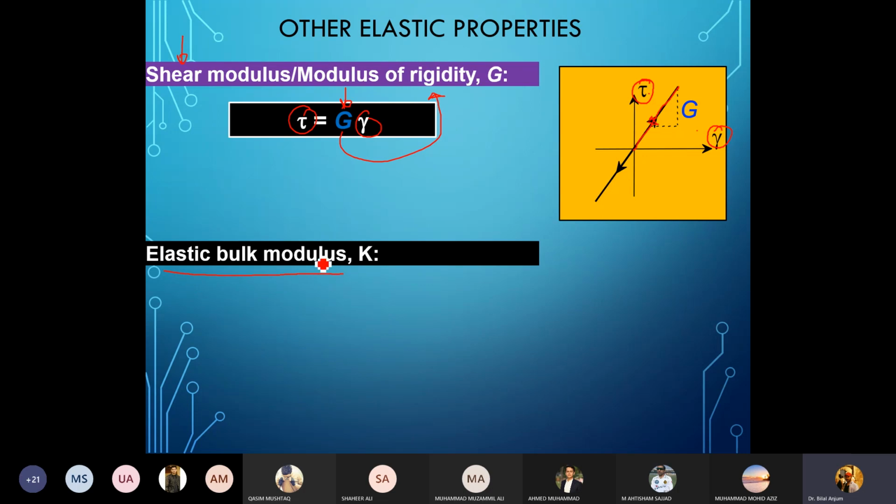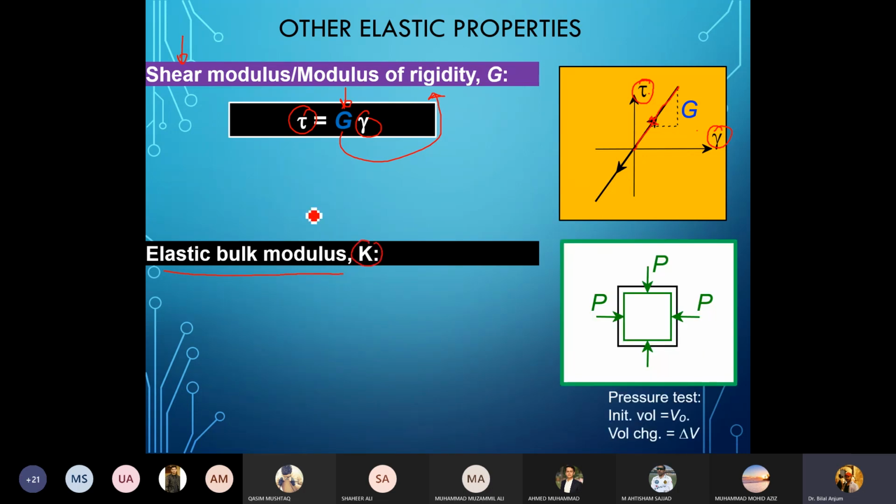The elastic bulk modulus, which is defined by K, is for hydrostatic testing, where you have pressure acting in all directions, and due to this pressure the initial volume, represented by the black line, decreases to the final volume, represented by the green square. So you have initial volume and volume change. The bulk modulus is related to the strain in the form of change in volume divided by original volume.